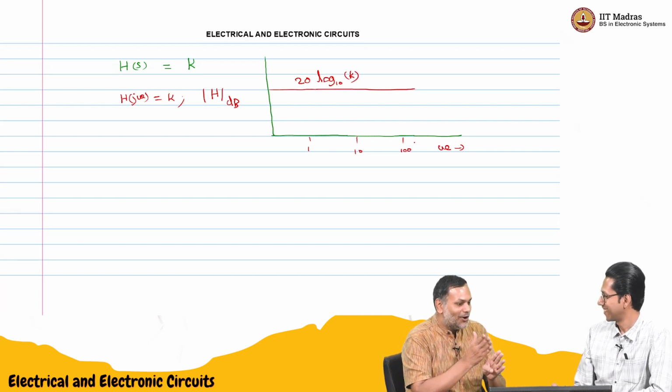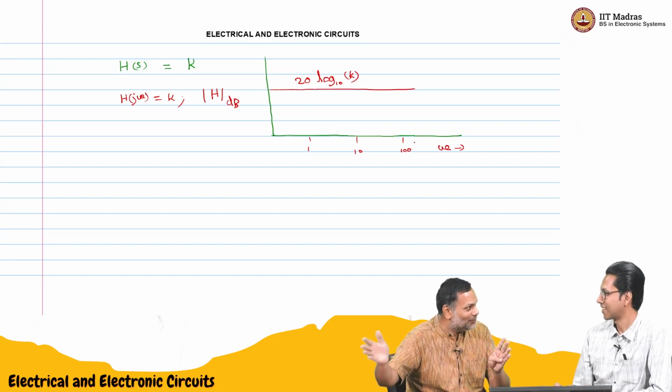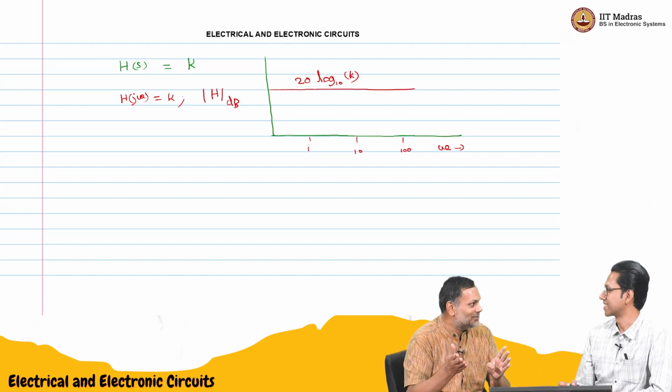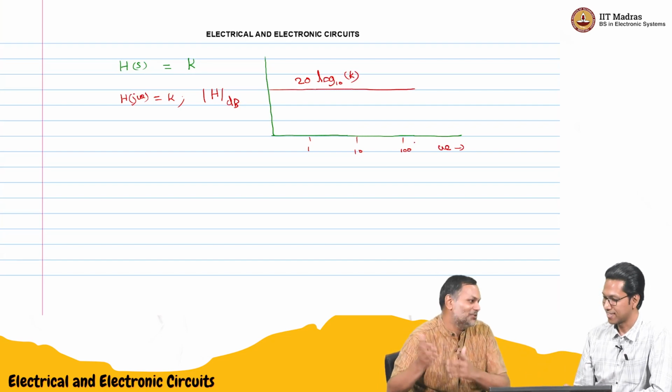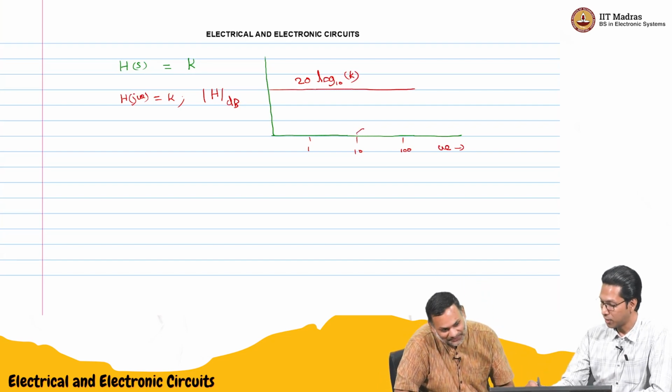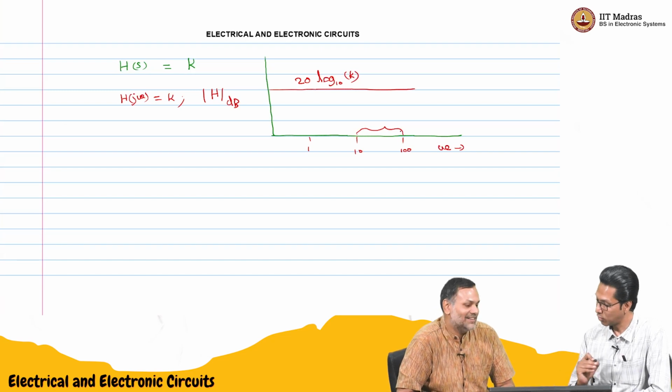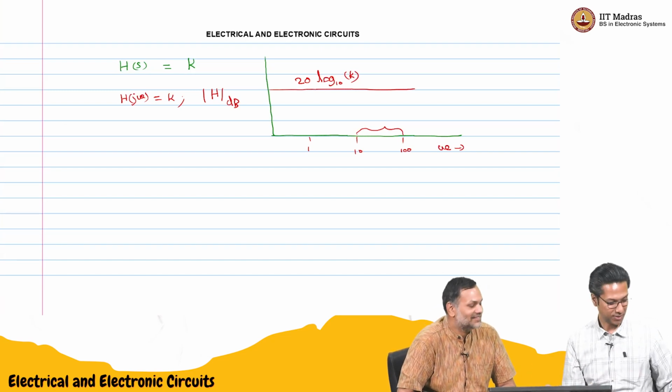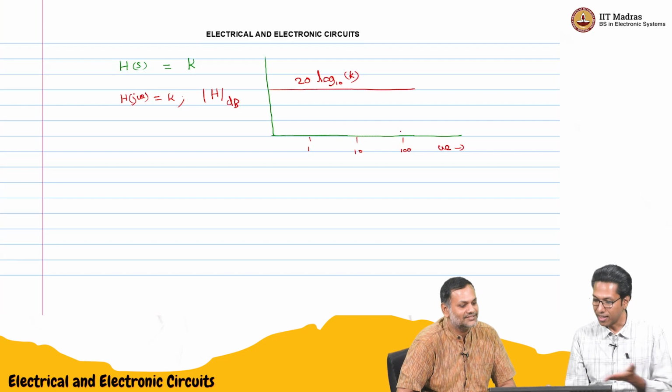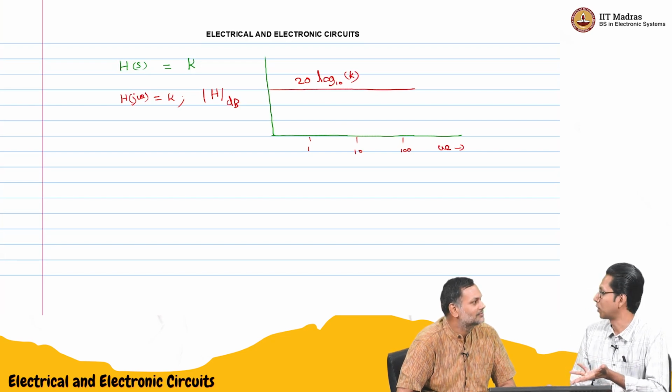There will be a lot of space between 1 and 2, then slightly smaller space, and so on, because 10 to 100 is accommodated here in a log fashion. Anyway, the phase for this is 0, no phase.